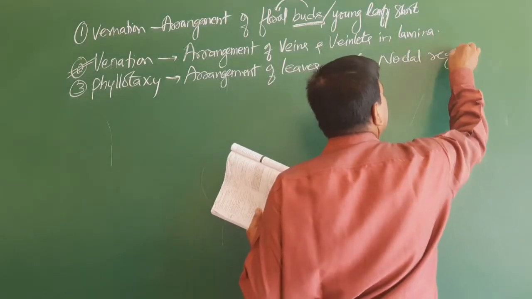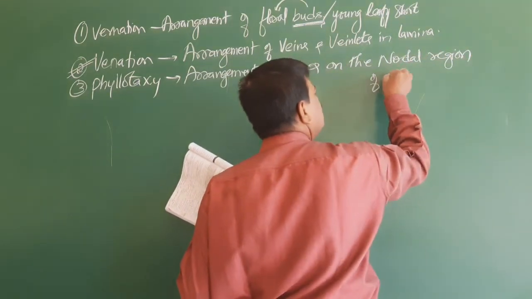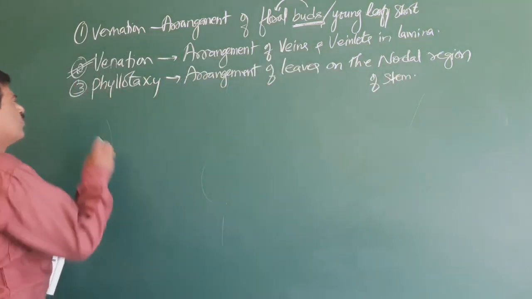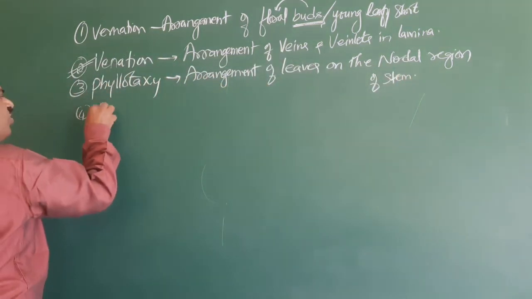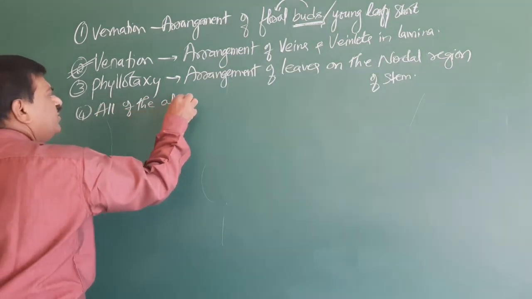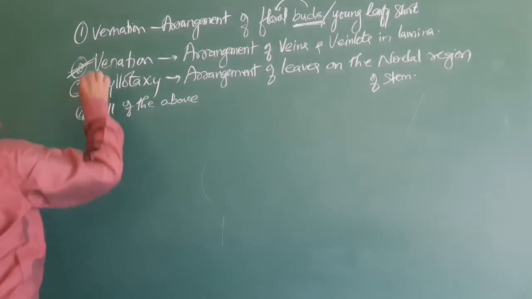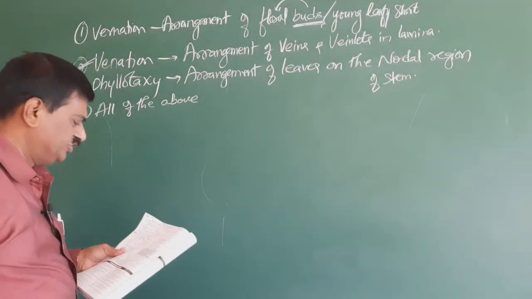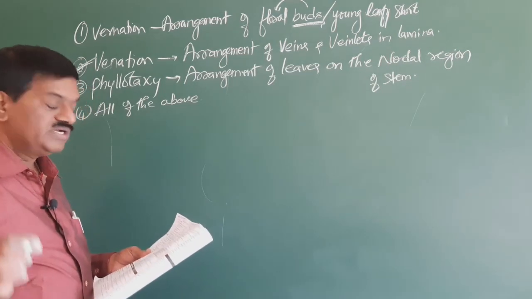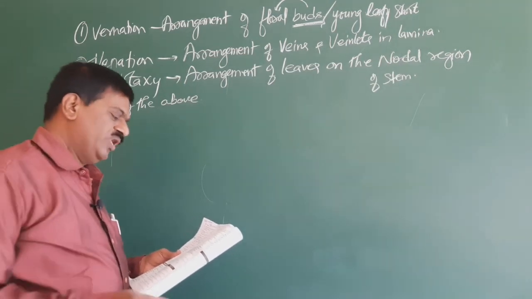The fourth option is all of the above. But here the right answer is venation. Arrangement of veins and veinlets in the lamina is termed as venation.